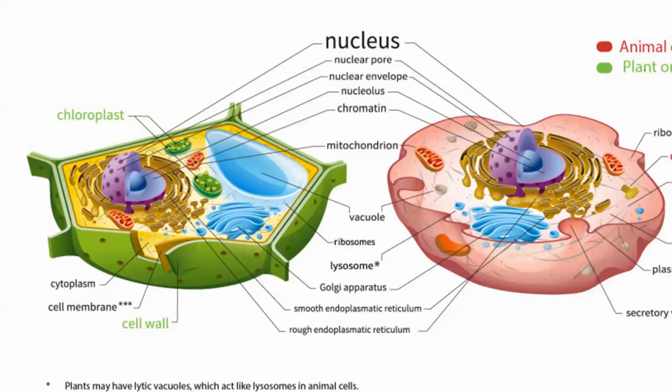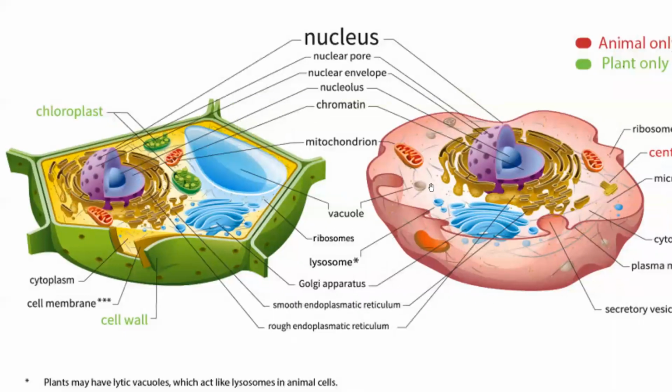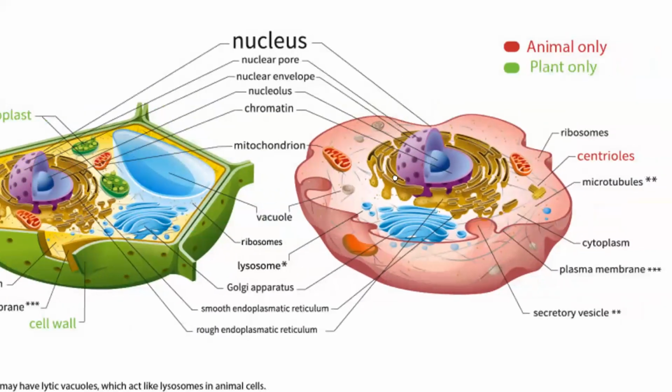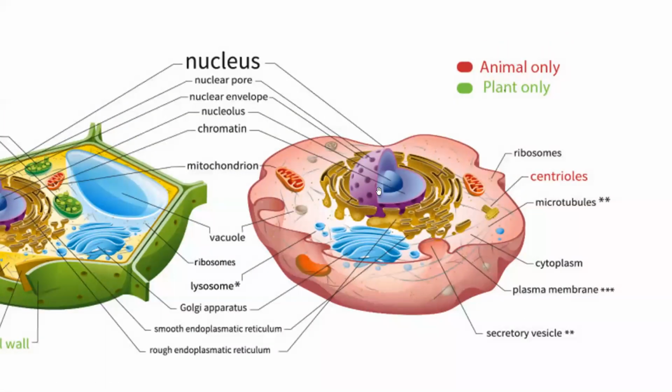So first of all, as you can see on your screens, there are two types of cells. The first cell on the left-hand side is green. That's basically a plant cell. On the right-hand side, it is an animal cell.